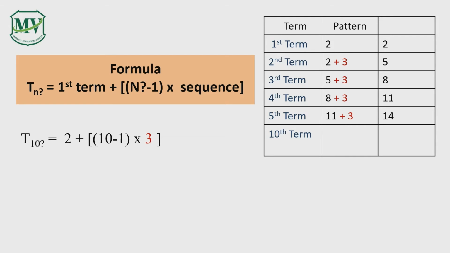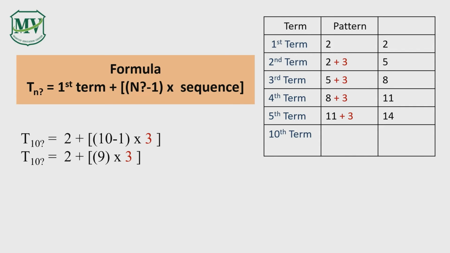So we have a number inside the parenthesis, which is 10 minus 1. Let's solve it first. Copy 2 plus 10 minus 1 is equivalent to 9 times 3. Remember, PEMDAS.